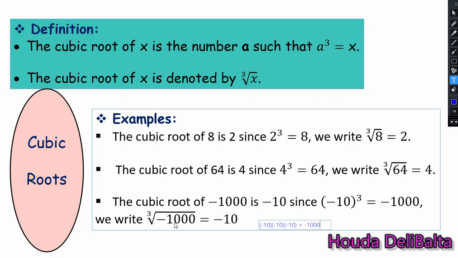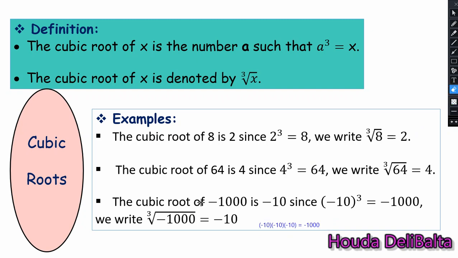That's why the negative number under the cubic root is defined, because I can find a number that, when multiplied by itself 3 times, stays negative. As you see here, minus times minus gives me plus, and there is a minus kept alone that will change the answer into a negative number. So a negative number under the cubic root is accepted.